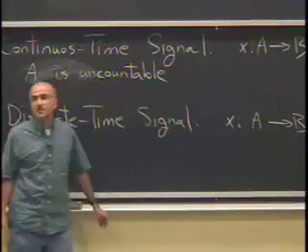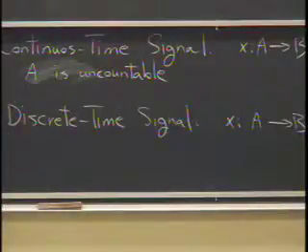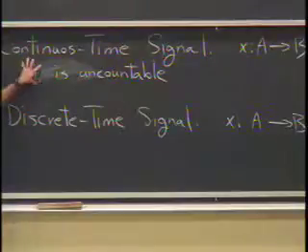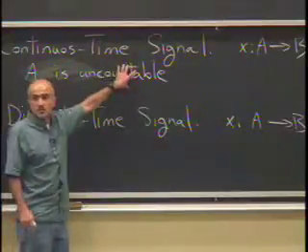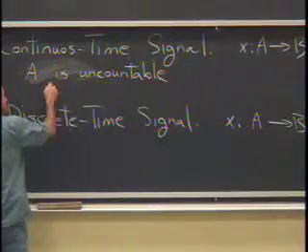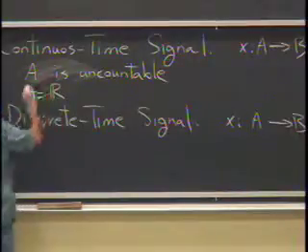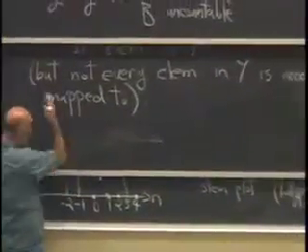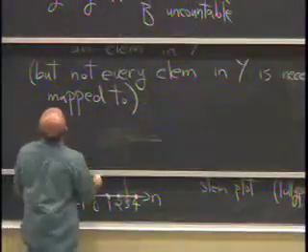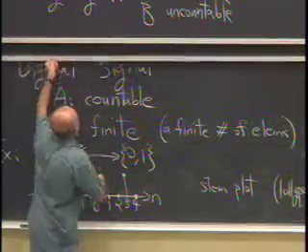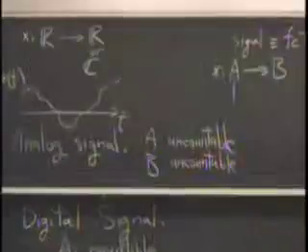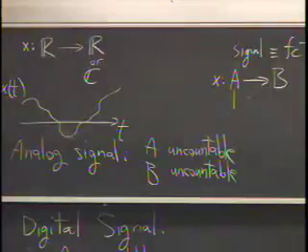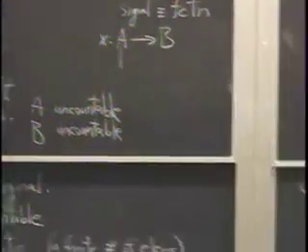We remain silent on B, the range. So continuous time signals are signals whose domain is uncountable. Examples are A equals the set of real numbers, just like this function that I drew earlier. Where is that function I drew? Oh, it's up there. Yeah. So every analog signal is a continuous time signal.